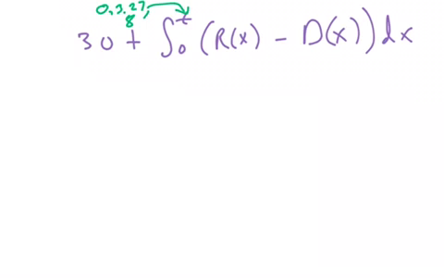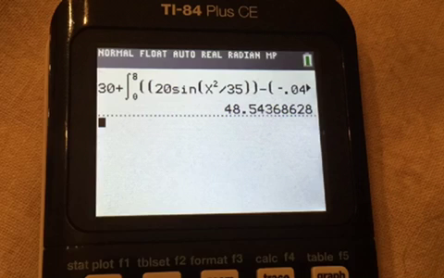Okay, so what I'm doing is checking when the rates are equal, but you also have to check the endpoints. You have to check the minimum, which is 0, and the maximum, which is 8.